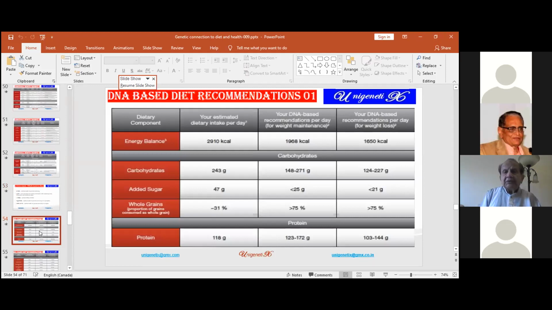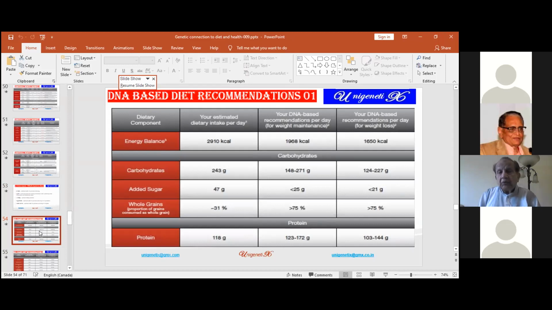That recommendations come. And again, this is just a recommendation from the report. It tells you, based on the report I have submitted of what the patient is taking, you're taking so many calories. Based on your DNA, you should be taking this much.